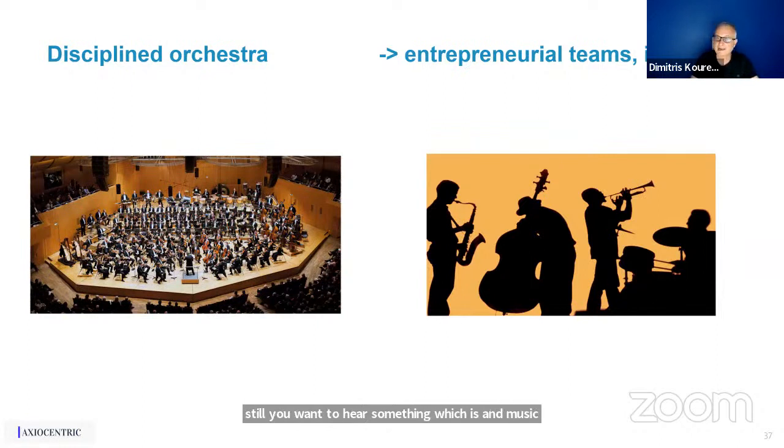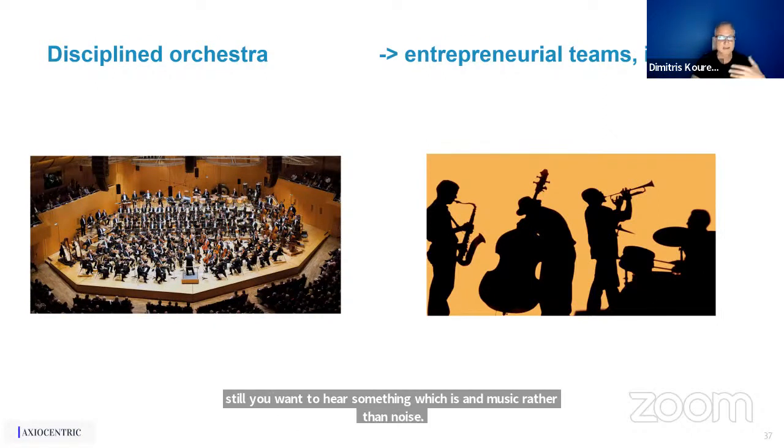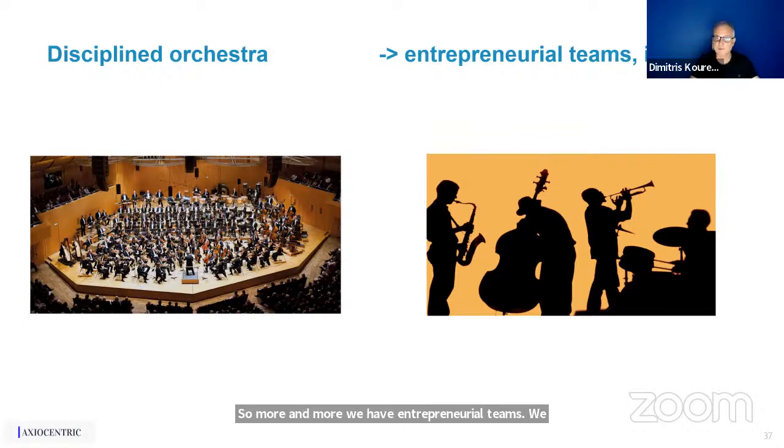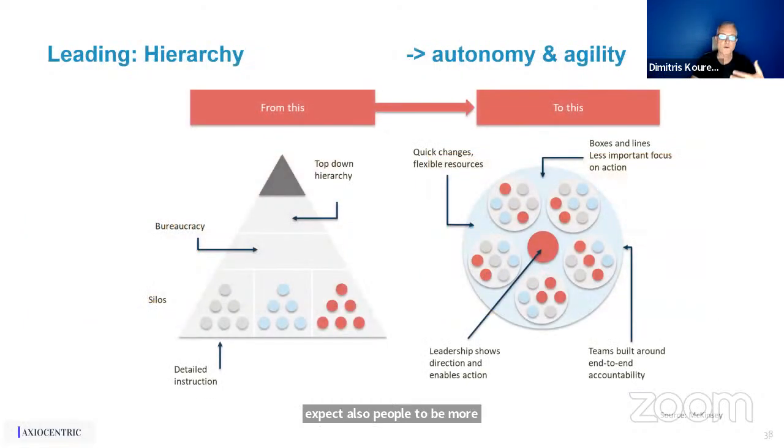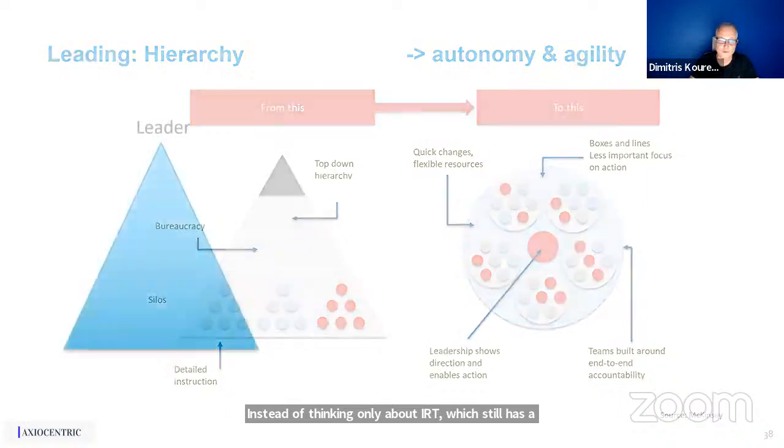So more and more we have entrepreneurial teams. We expect also people to be more autonomous, to improvise, and that needs a different way of leadership. Instead of thinking only about hierarchy, which still has a value, we have to think how we can provide more autonomy and agility in the workforce.